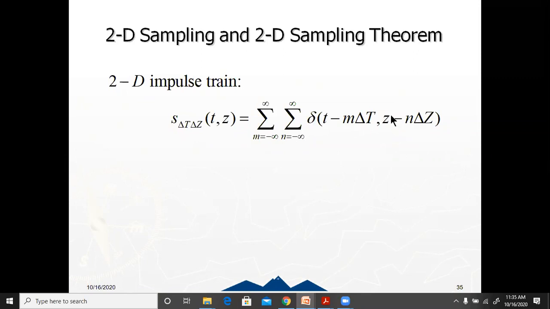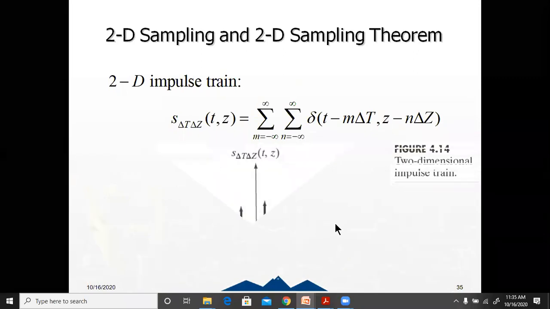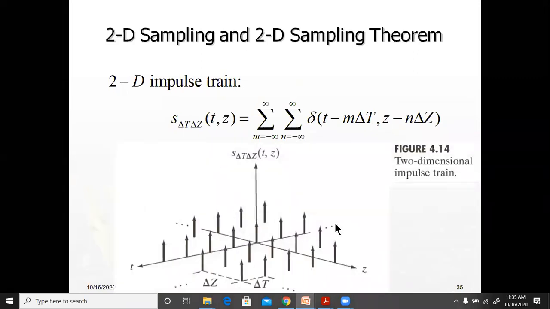The z minus n del z term will not be there, and hence one of the summations will not be there also. So in the 2-dimensional case, the impulse train will look something like this. This is the one which is used for sampling a 2-dimensional function.